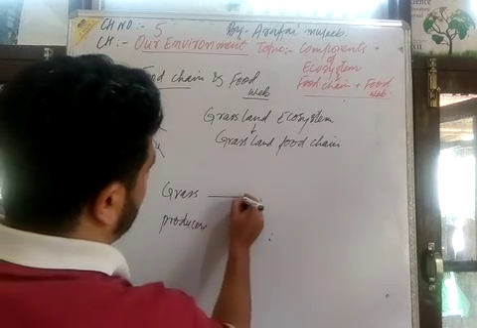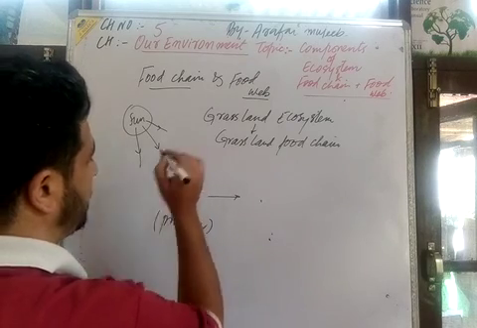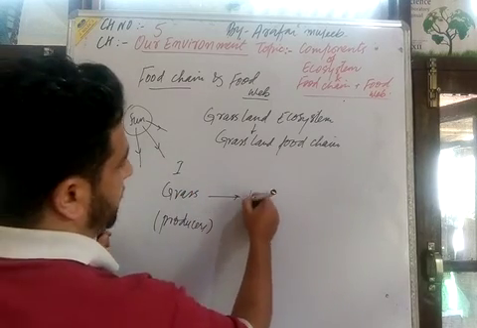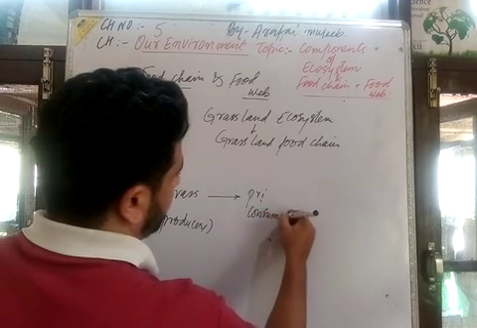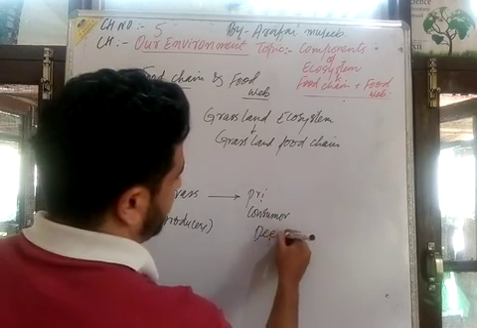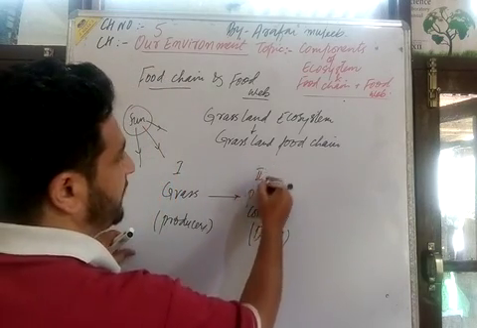Then this grass, as the producer in a food chain, forms the first trophic level. It is fed on by the primary consumer, here the deer, which forms the second trophic level.